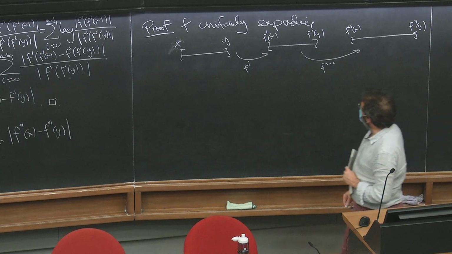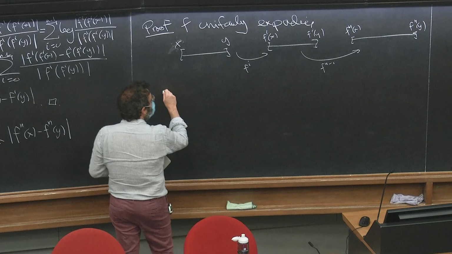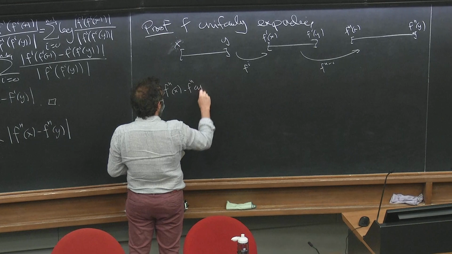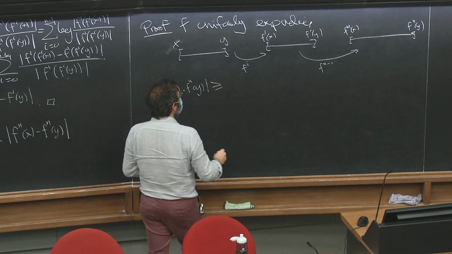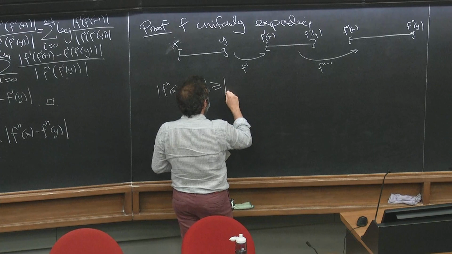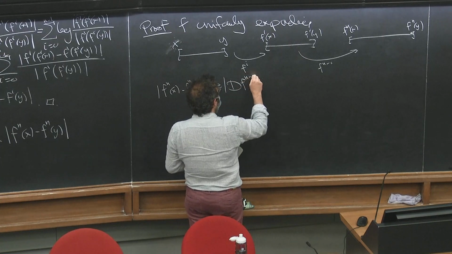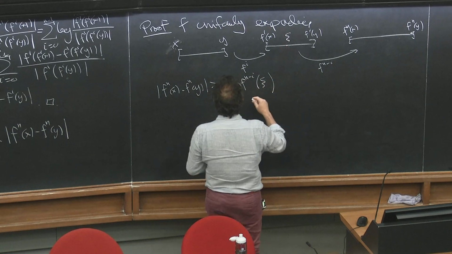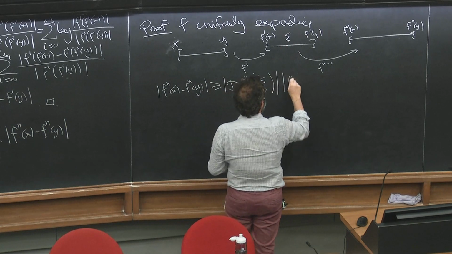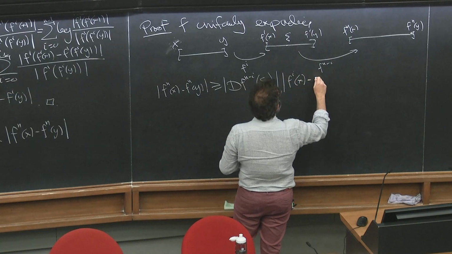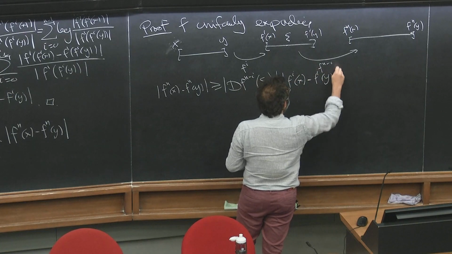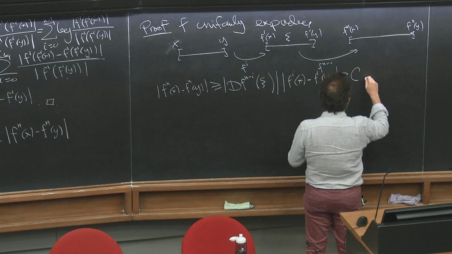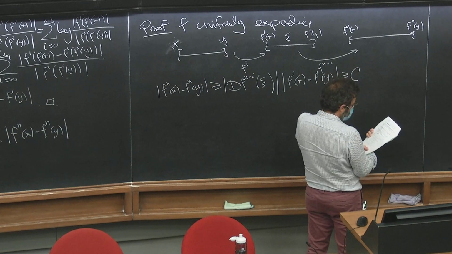The mean value theorem tells us that f^n(x) minus f^n(y) is greater than or equal to the derivative of f^(n-i) at some point xi, times f^i(x) minus f^i(y), right? And this derivative is greater than or equal to c lambda.